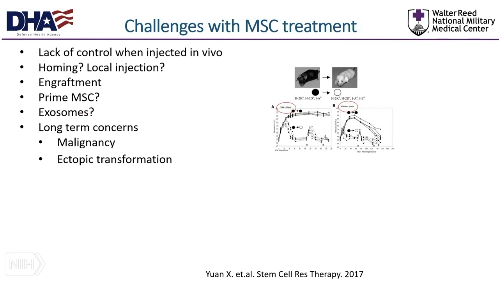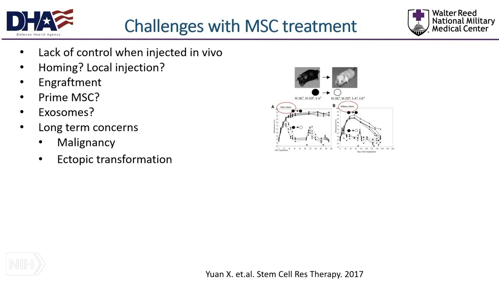Using exosomes is of very big interest, cell-free products of mesenchymal cells, because these cells work mostly with soluble factors. And a long-term concern is always malignancy. Ectopic transformation is always a concern, but so far that has been a minor thing in the literature, although whether or not every patient is reported in the literature is questionable, but so far that hasn't been a big concern.